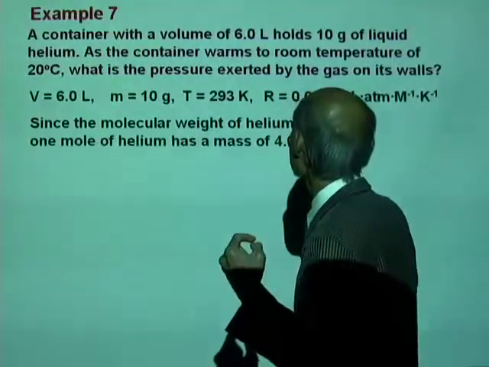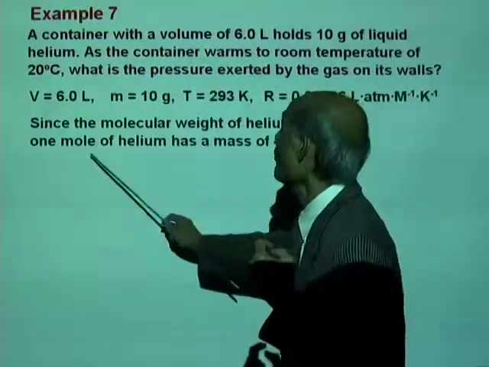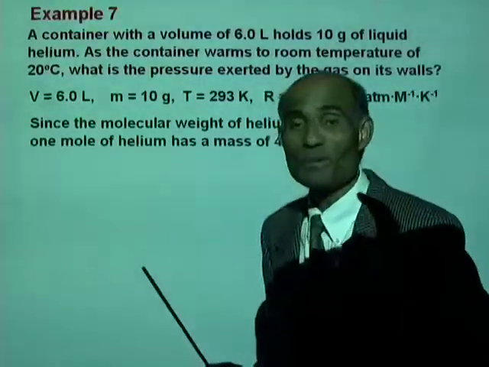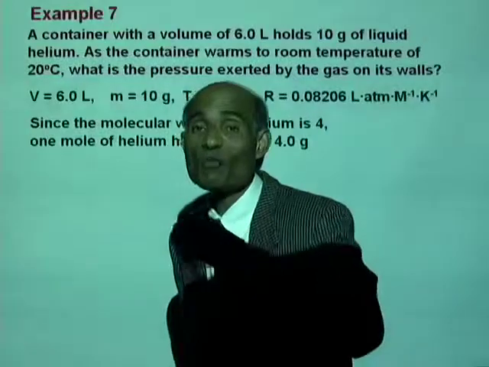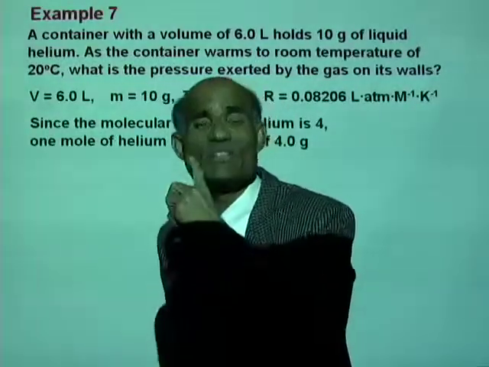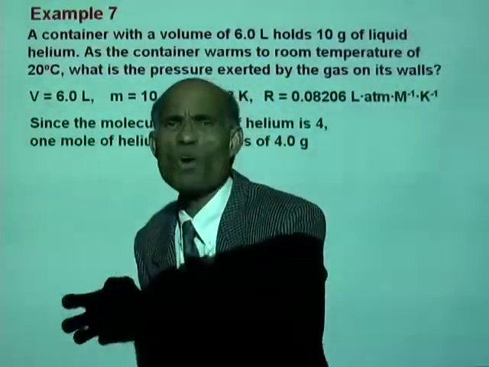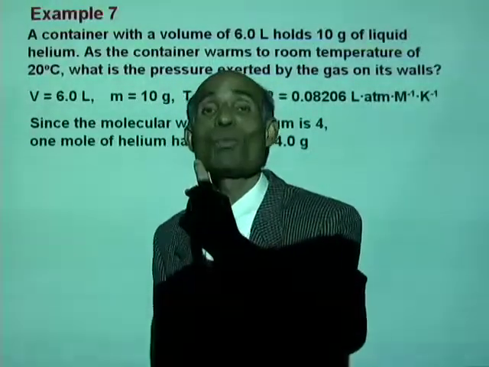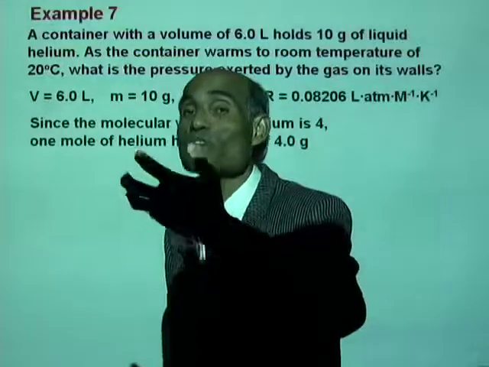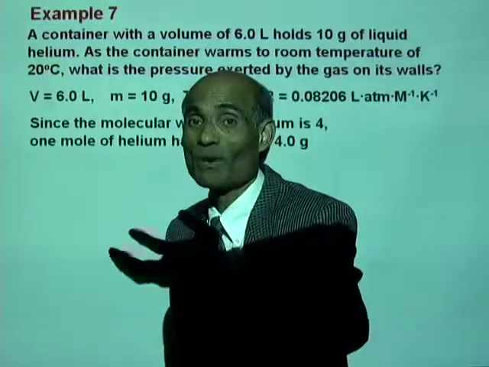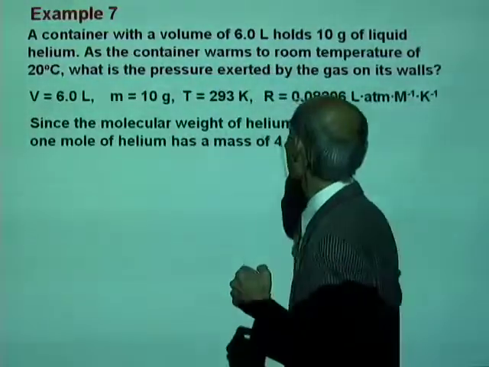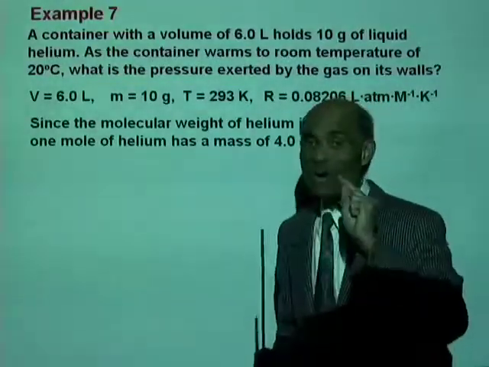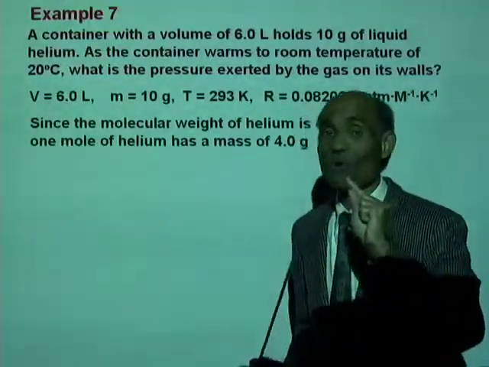The molecular weight of helium is 4 gram, means 1 mole of helium has a mass of 4 gram. If the molecular weight of water is 32, that means 1 mole of water has a mass of 32 gram. Alright? So the molecular weight of helium is 4, means the mass of 1 mole of helium is 4 gram.